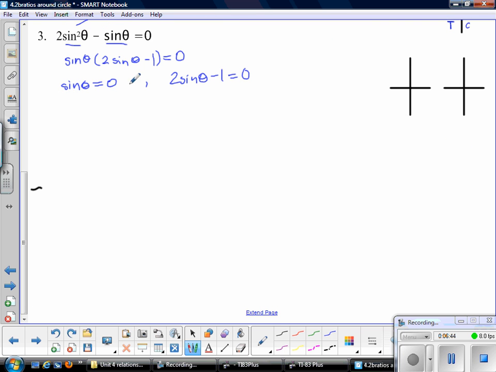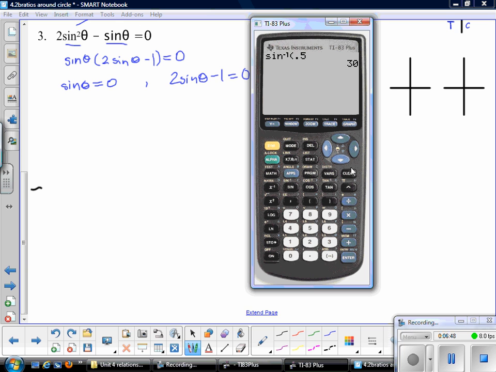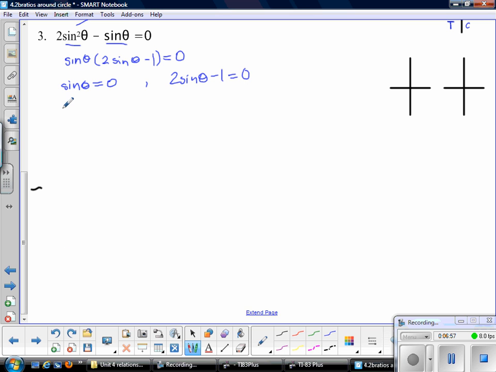Sine theta equals 0. Now I could take my calculator and do the inverse of 0 and we would end up with 0 degrees. So sine inverse of 0 equals 0 degrees.